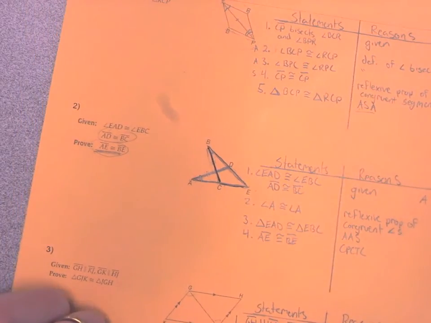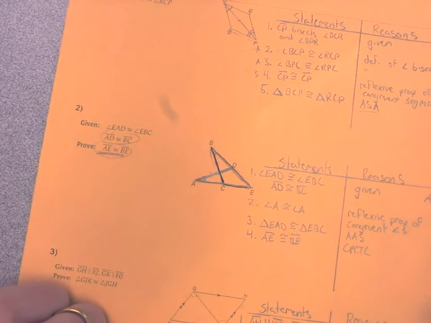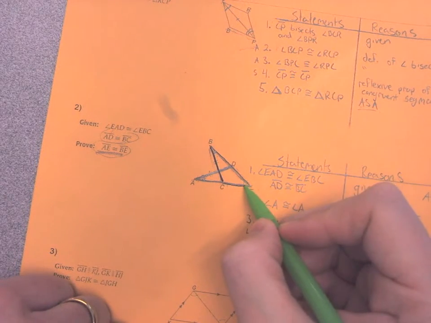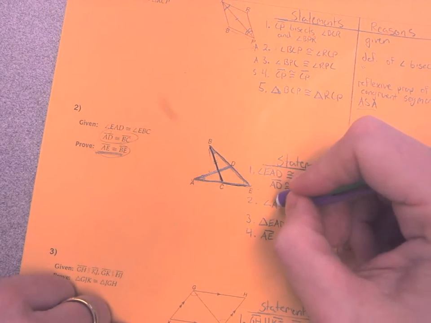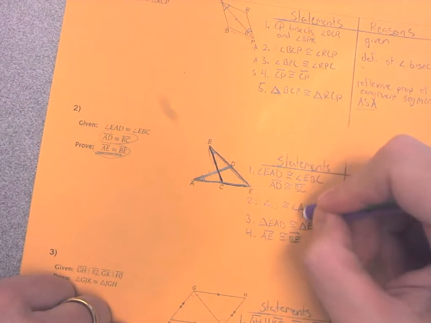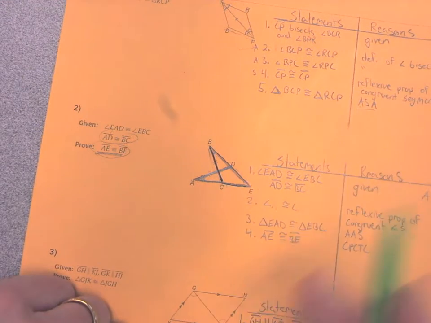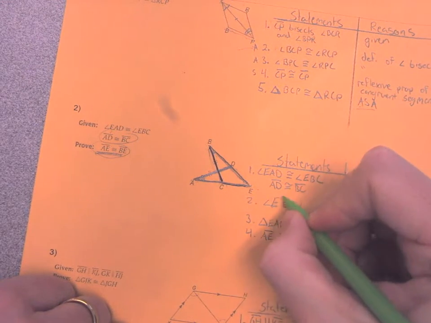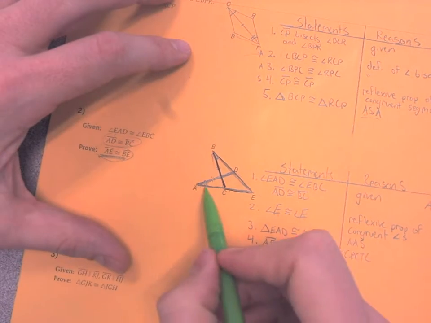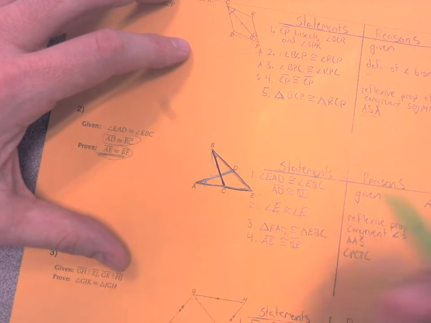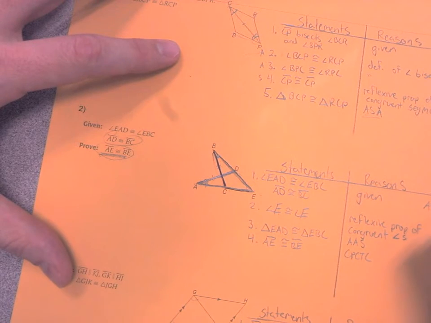Now, if you think about the overlapping triangles, they share this angle E. We can just call it angle E, because there's no other angles that are using that as a vertex. So since the triangles are both using that angle, that's our other angle.